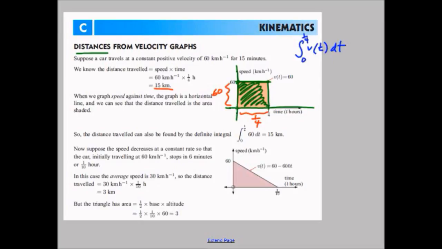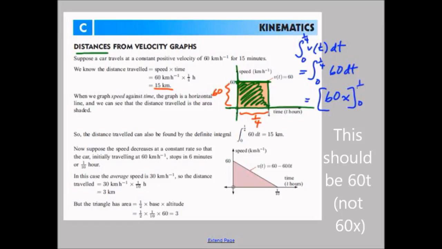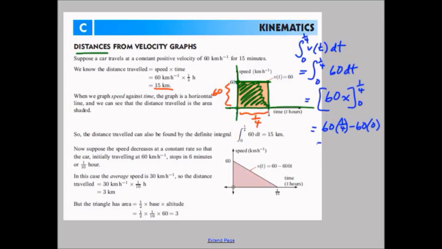Time is in hours in this case. The velocity function is just 60 kilometers an hour, dt, constant. When we integrate that, it'll be 60x, from 0 to 1/4. So 60 times 1/4, subtract 60 times 0, which is 15. And that is still kilometers.